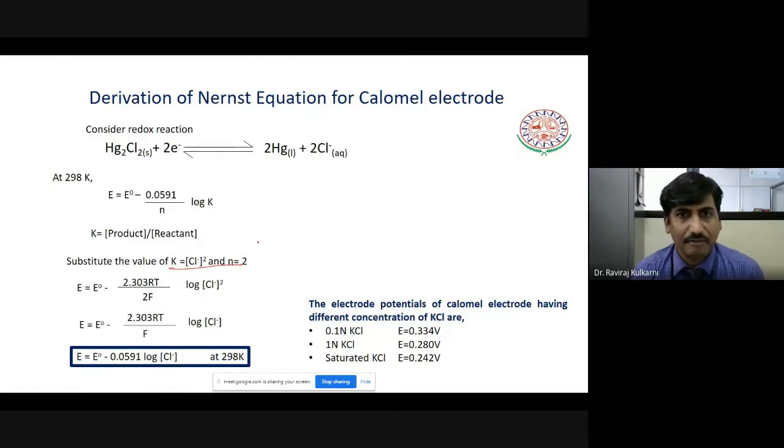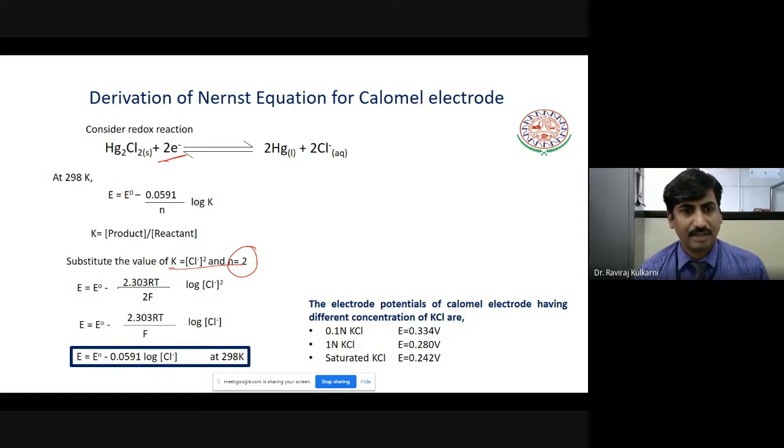So the number of electrons involved in this is 2. How many electrons are involved? 2. And so E is equal to what now?